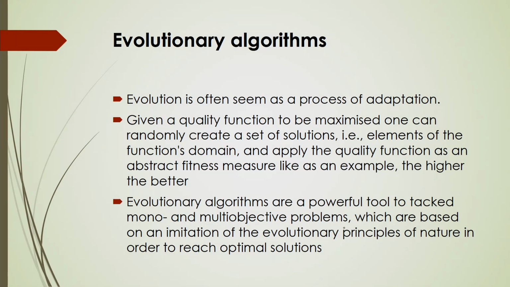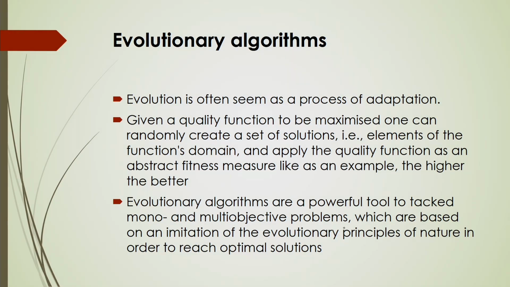In this lecture we have evolutionary algorithms, which are seen as a process of adaptation, as creatures are evolving, adapting to nature. So, the algorithm is created based on the adaptation of the process.